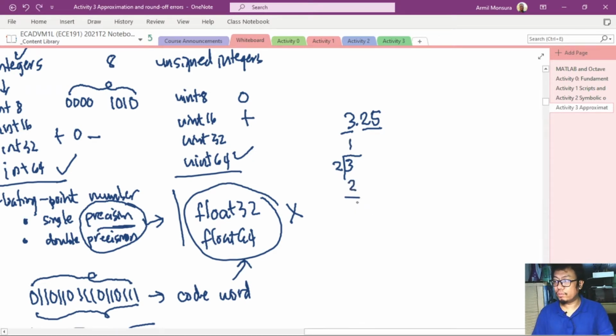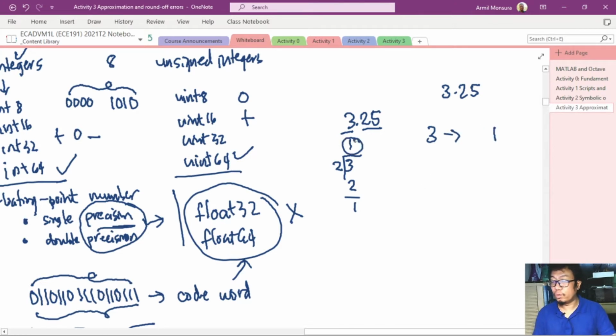What you get is this 1 here; you take the remainder.